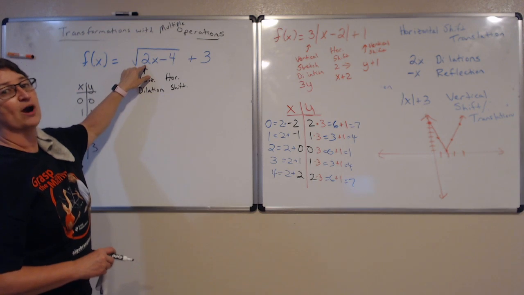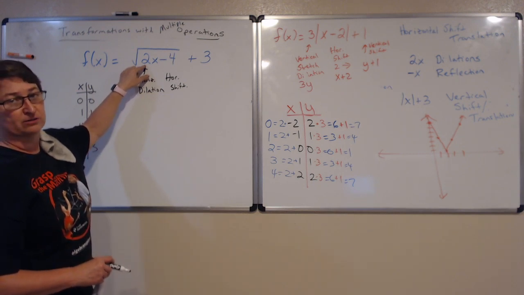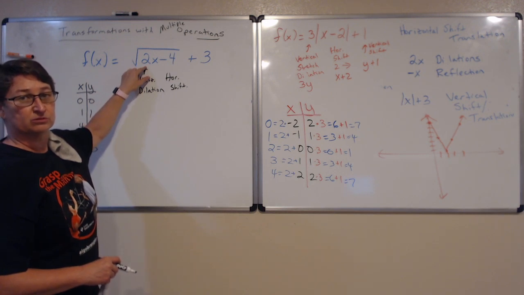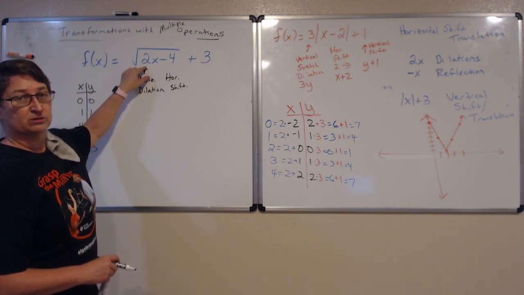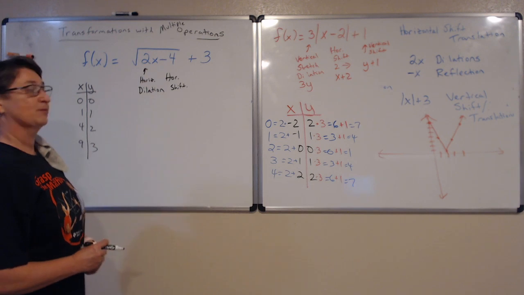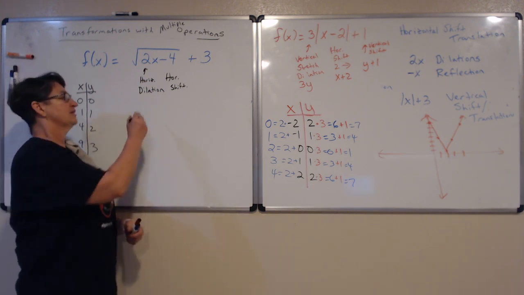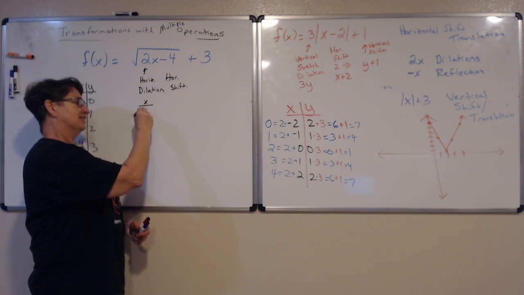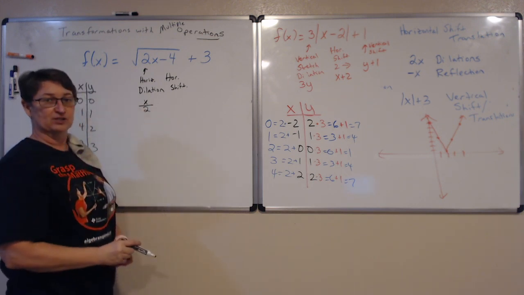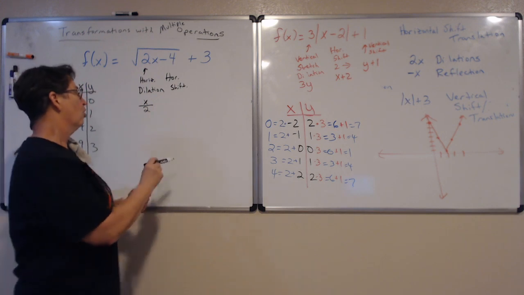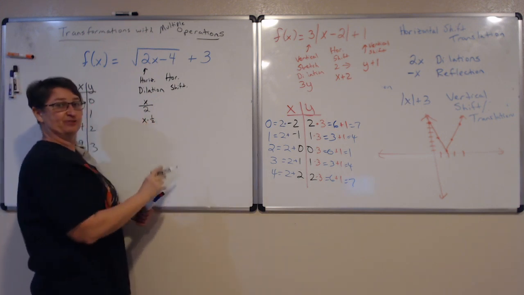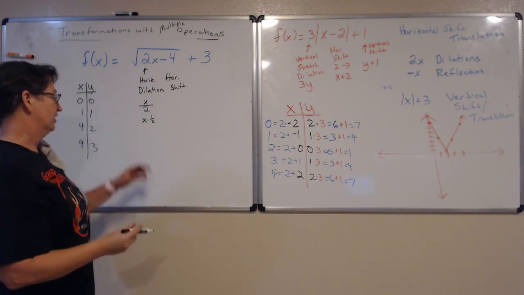But we know our x's are liars. So instead of multiplying by 2, we're going to take all our x values and divide them by 2. Every single one of our x values. Or you can think of that as multiplying by 1/2, whichever way you want to think of it.